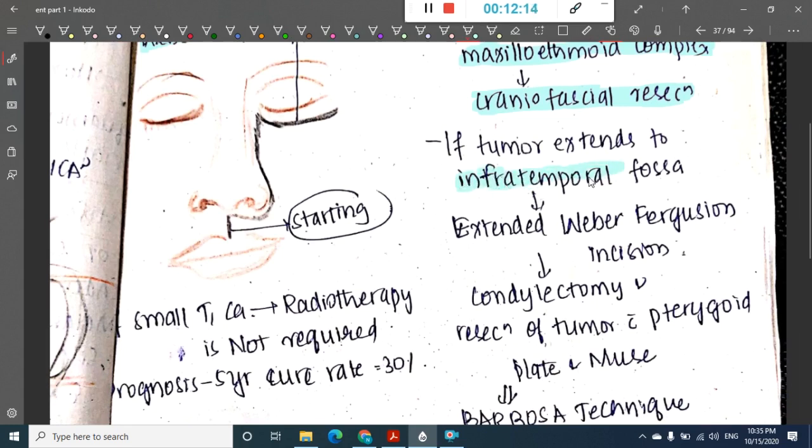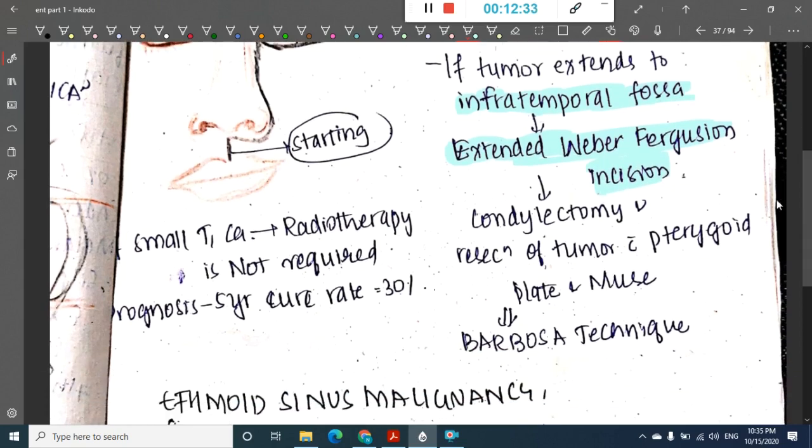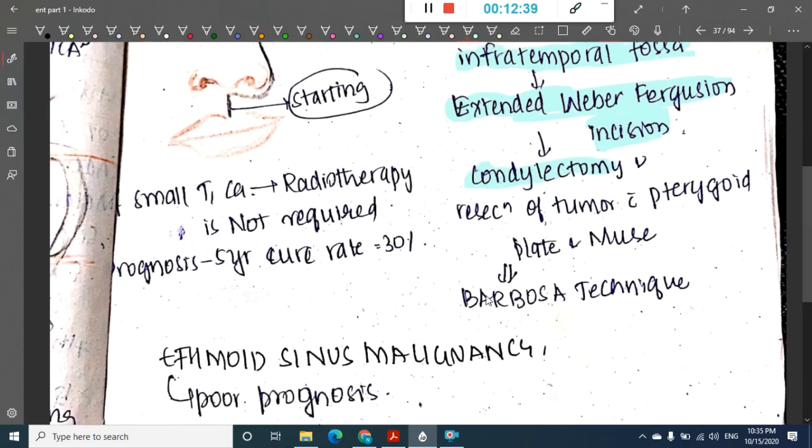If the tumor extends to the infratemporal fossa, then we should do an extended Weber-Ferguson incision, and you should also do condylectomy. Resection of the tumor with the pterygoid plate and muscle can be done, and this technique is the Barbosa technique.